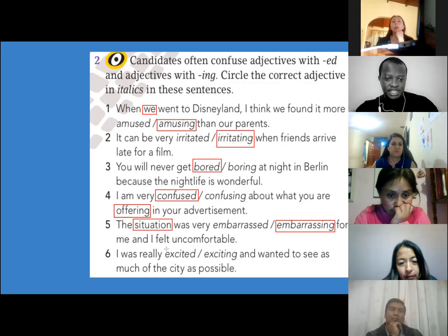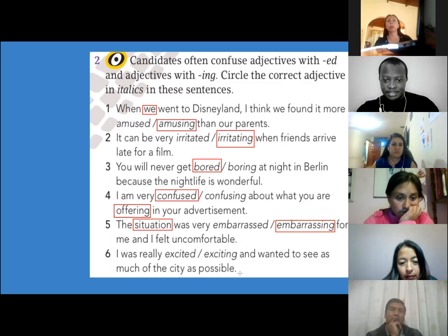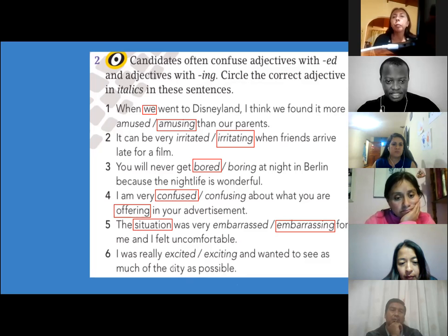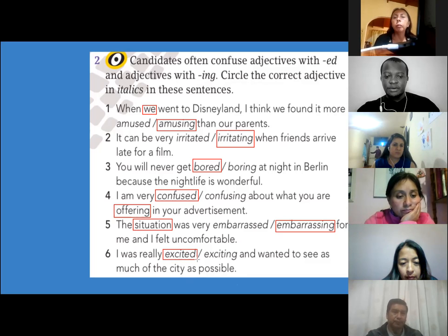Finally, number 6: I was really excited or exciting and wanted to see as much of the city as possible. Which one is correct, guys, and why? Excited. What are we trying to describe? Describe feeling.